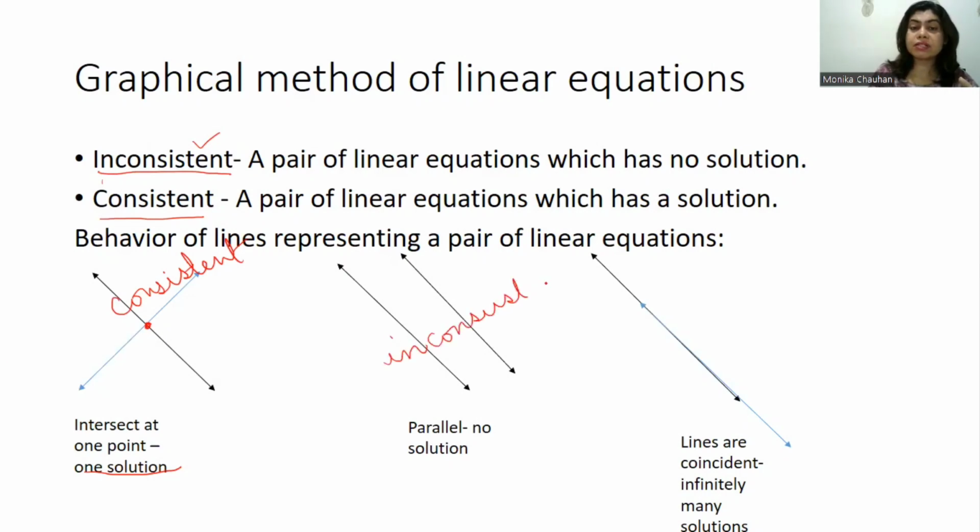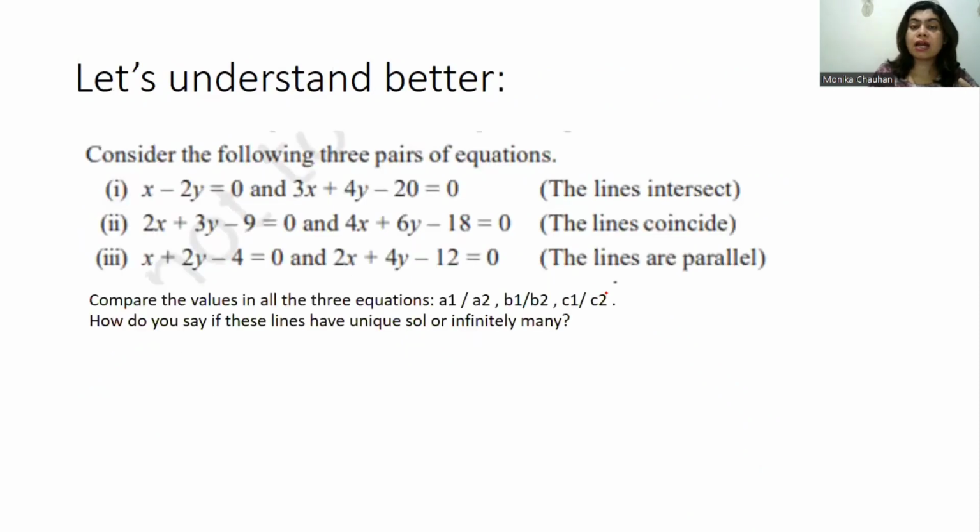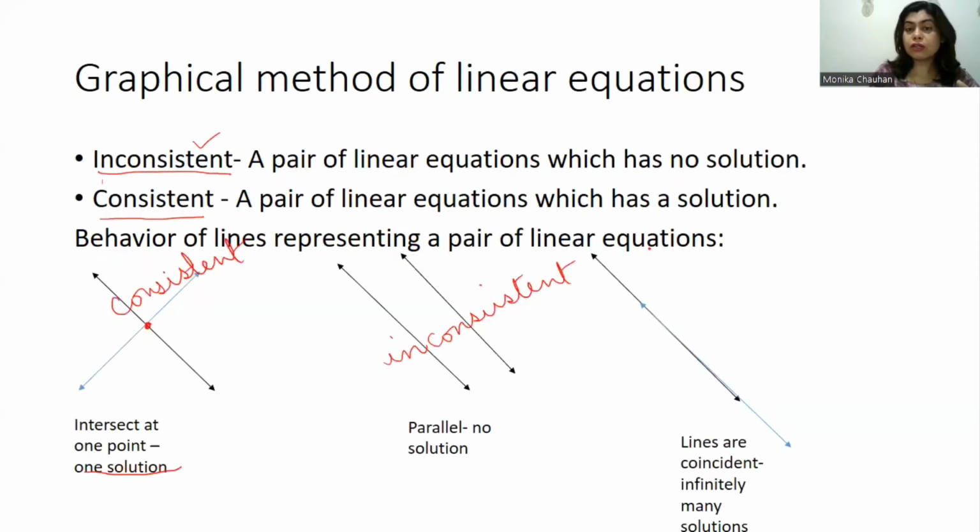So you'll remember it now. And when you have one line and another line lies on it, the lines are coincident. It means it has infinitely many solutions. That time also it is called consistent. When you have no solution, the lines are parallel to each other. They will not intersect at any point.